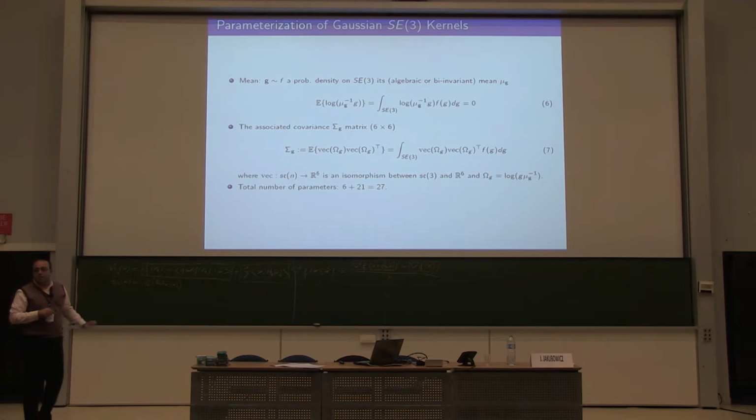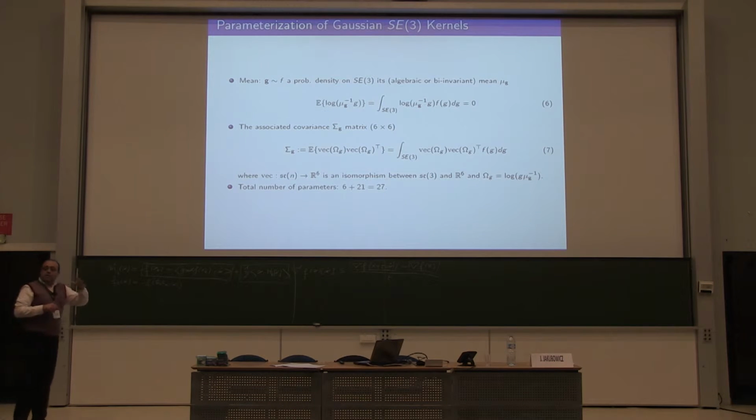This is a standard way of defining mean on SE3, for example. It is a barycentric definition, basically. And then you can define a covariance on the tangent space for that. So for the mean, you will have 6 variables. For the covariance, you have, I think, 21 variables. In total, you will have 27 variables.